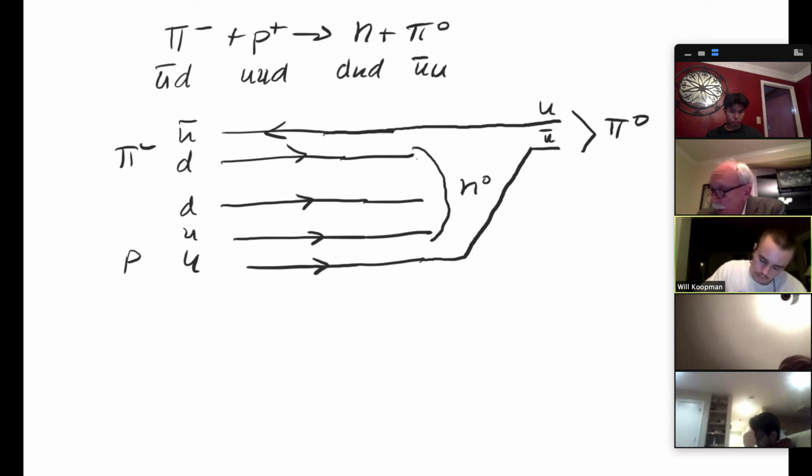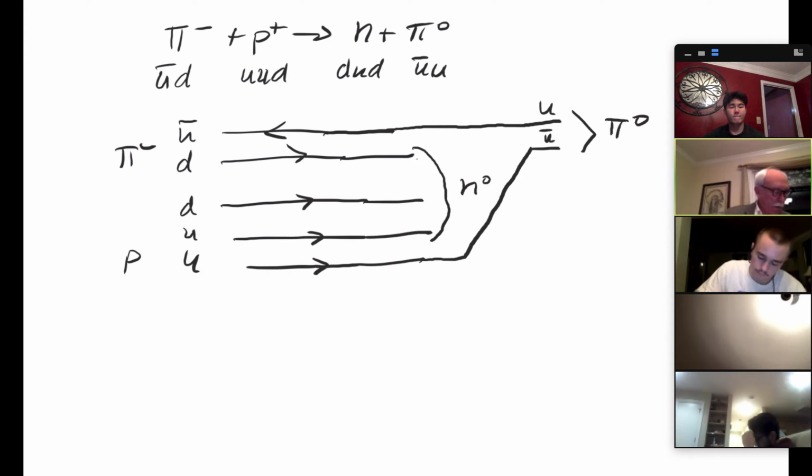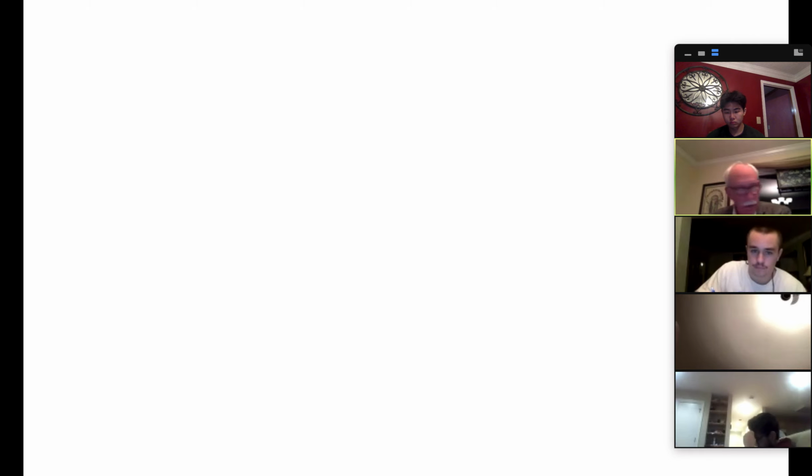And since there's no W involved in this, it looks like this is a strong interaction. Baryon number is conserved, everything's conserved here. So this is a strong interaction. All right, that one's pretty easy.